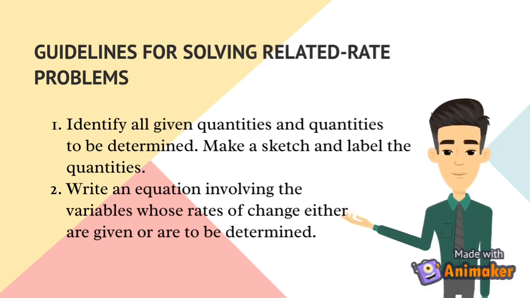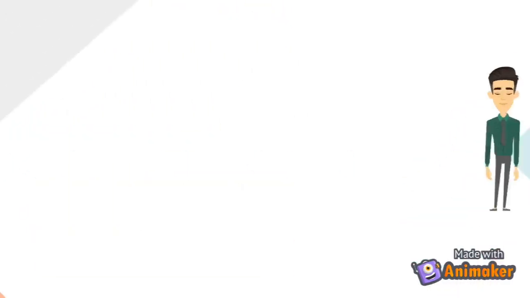1. Identify all given quantities and quantities to be determined. Make a sketch and label the quantities. 2. Write an equation involving the variables whose rates of change either are given or are to be determined. 3.